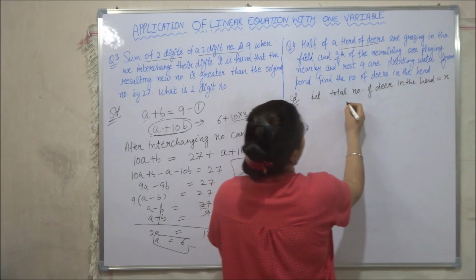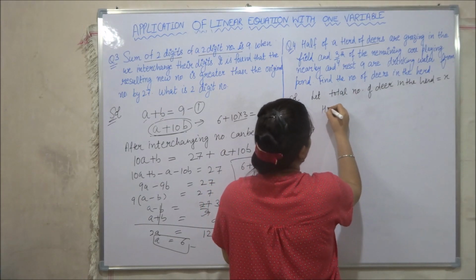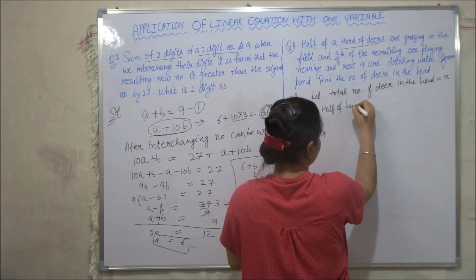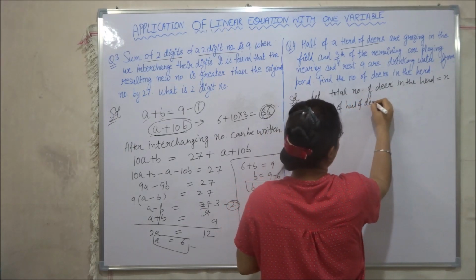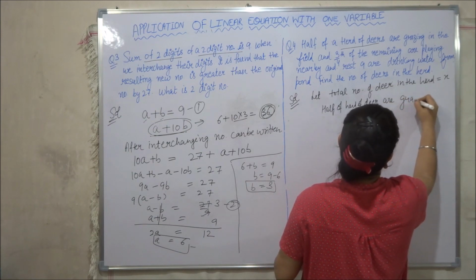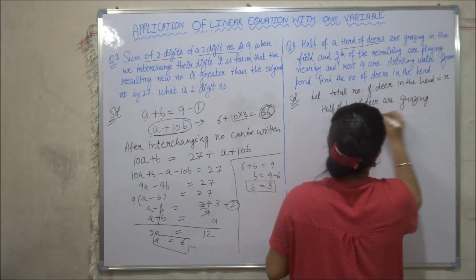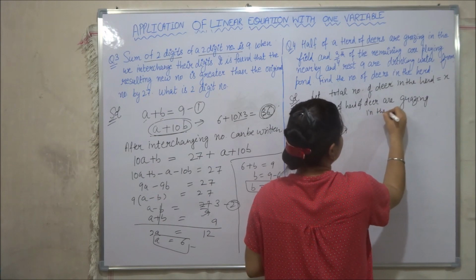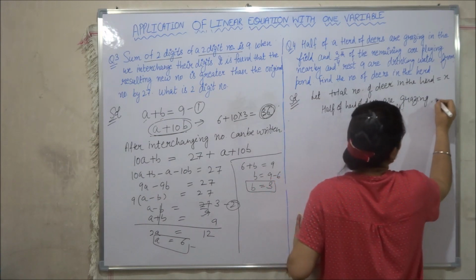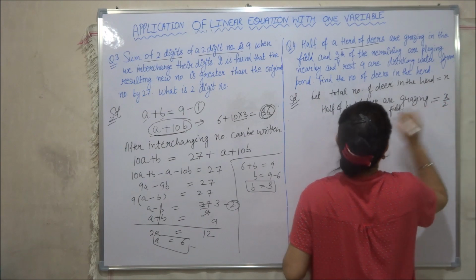Now half of them grazing in the field, that is equal to x by 2.